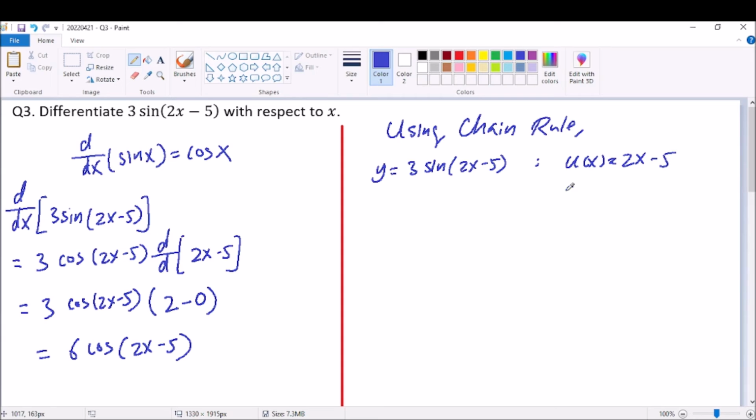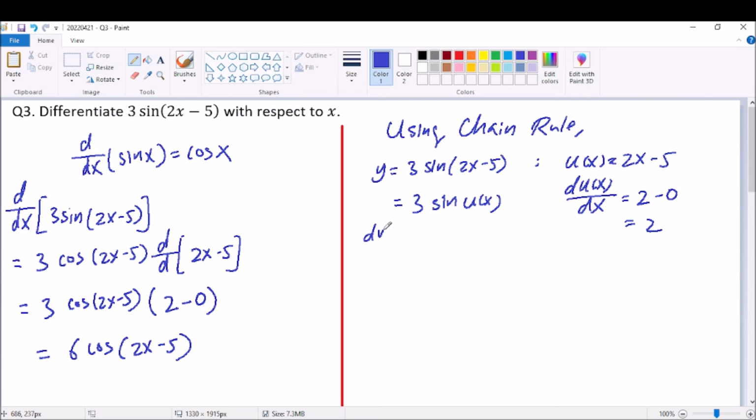So we have du over dx equals 2, since differentiate 2x is 2 and differentiate 5 is 0. And y becomes 3 sine u(x).